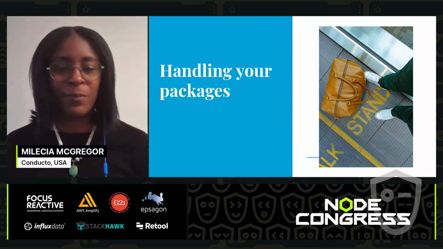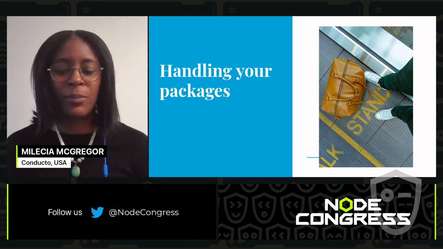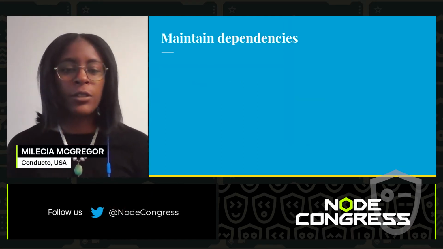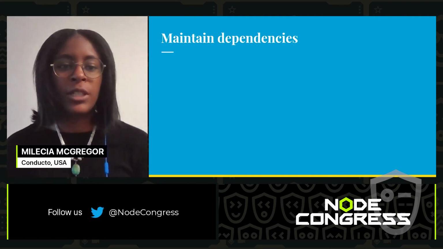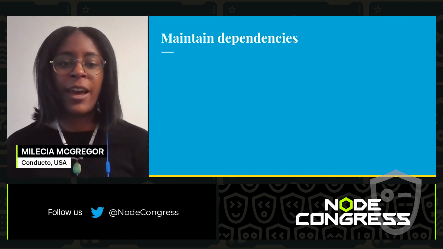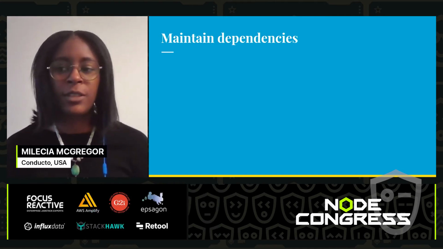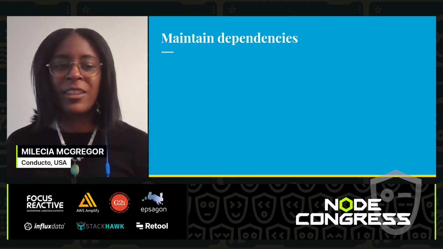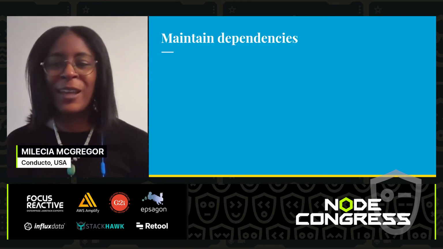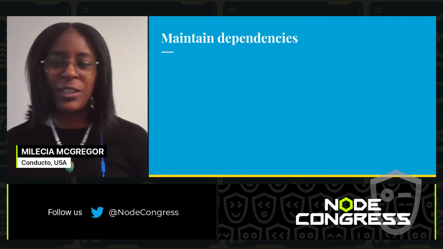So now let's get to the meat of what is JavaScript. So how do we handle our packages? One of those OWASP top 10s has to do with using components that have known vulnerabilities. And I'm sure when you run npm install or yarn that you see those maybe handful of vulnerabilities.